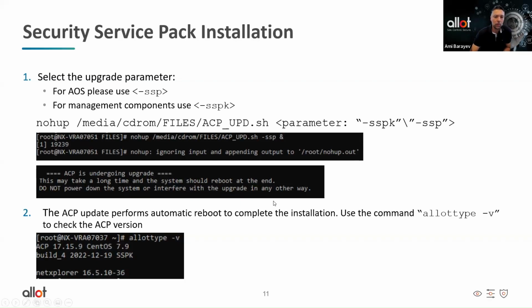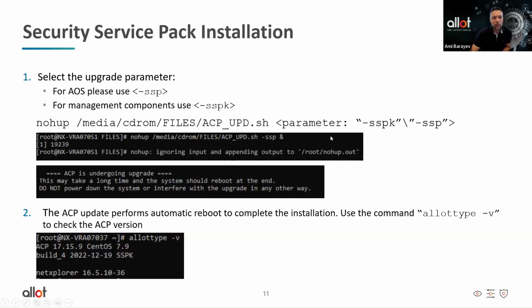But for the AOS components, we are upgrading all except for the kernel updates. Usually the kernel updates are more strict and require more testing and compatibility, and we don't want to impact or change any compatibility, and we want to make sure that everything will work as expected. So this is why we made this differentiation.